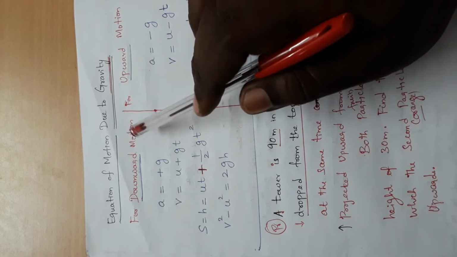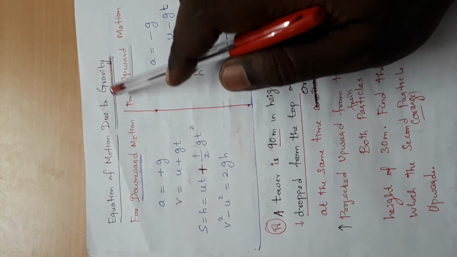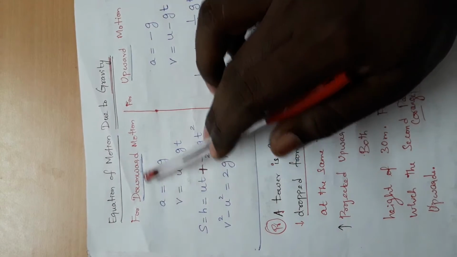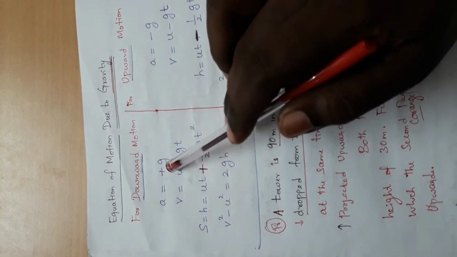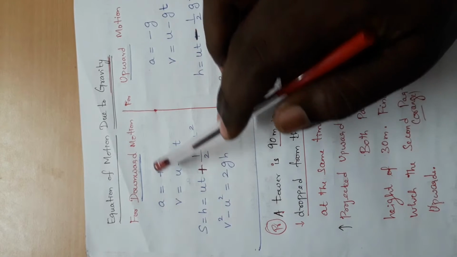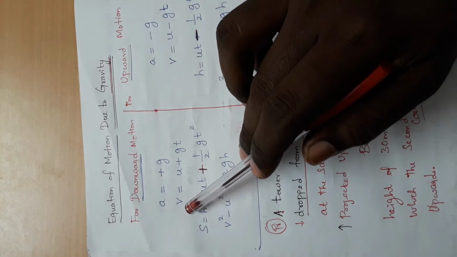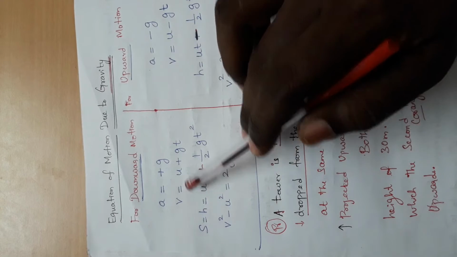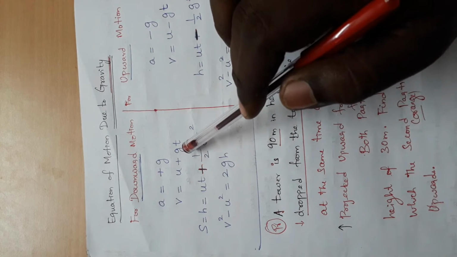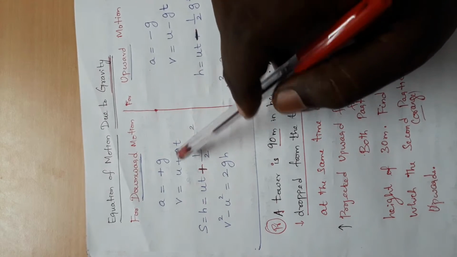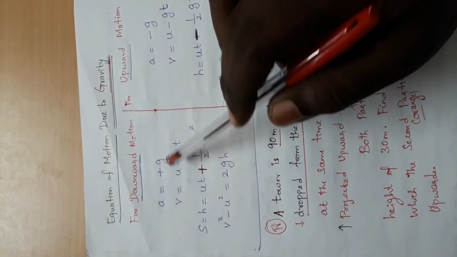When the gravity term comes into the picture, for downward motion, instead of acceleration we have to use the term g, that is plus g. So when we use the formula v is equal to u plus at, instead of at we have to use the term gt. Acceleration a is replaced by g.